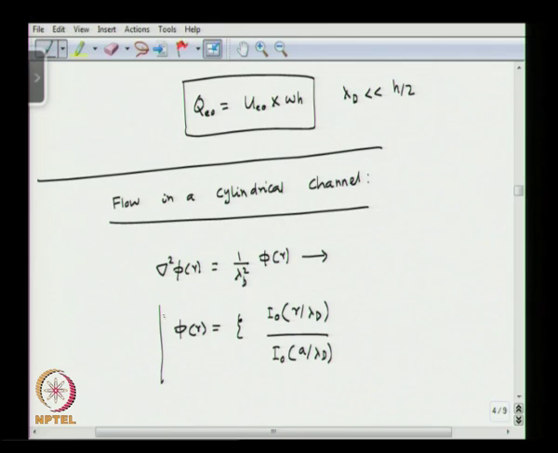So, this is the expression for the potential in the case of flow in a cylindrical channel.